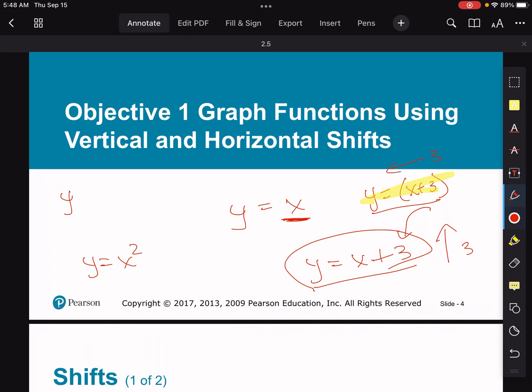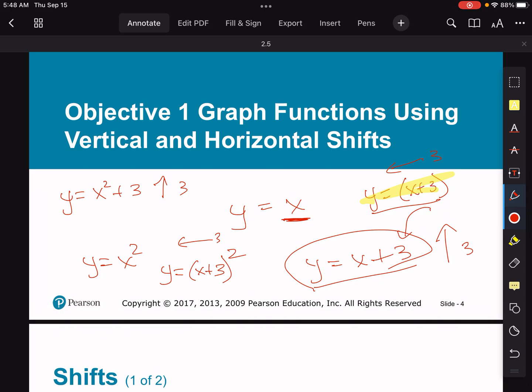For instance, if I said y equals x squared plus 3, and you were to graph that on Desmos right now, you would see that the function y equals x squared, which we know is a parabola with a vertex at 0, 0, moves up by 3. You'll see it shift up 3. If you graphed y equals (x plus 3) squared, notice that's a much different thing. That's not moving it up 3 anymore. That's moving it to the left 3.